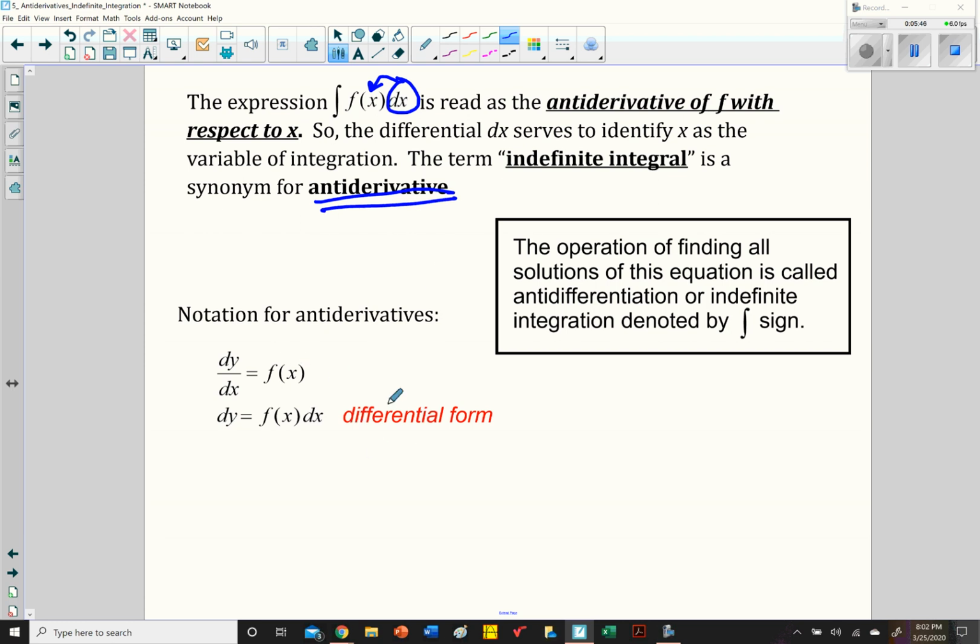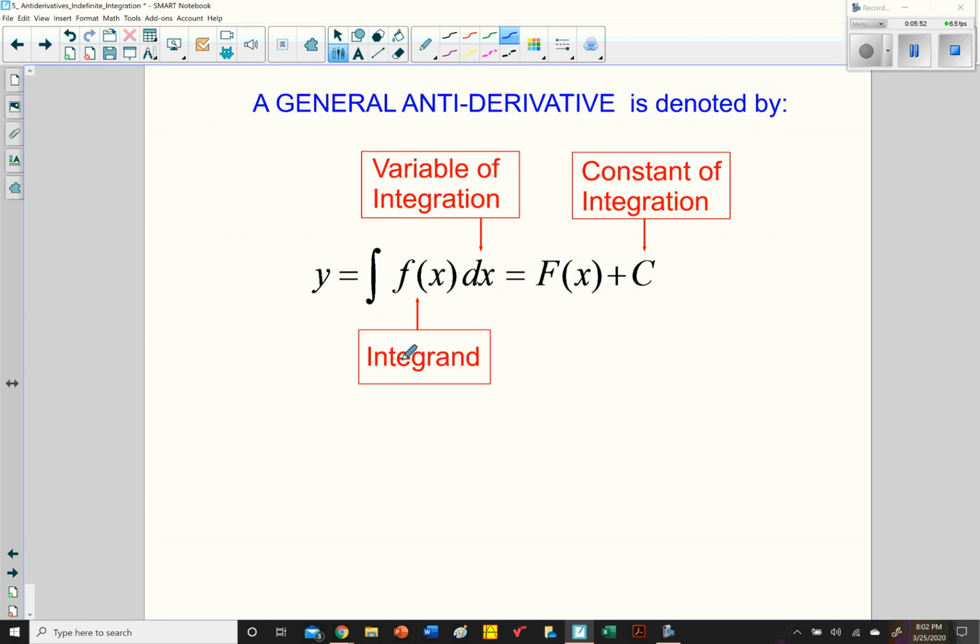An indefinite integral means that we have a plus c. So the integrand is our derivative. The dx is my variable. This x is my variable of integration that matches my integrand. And my capital F of x is my antiderivative plus a constant.